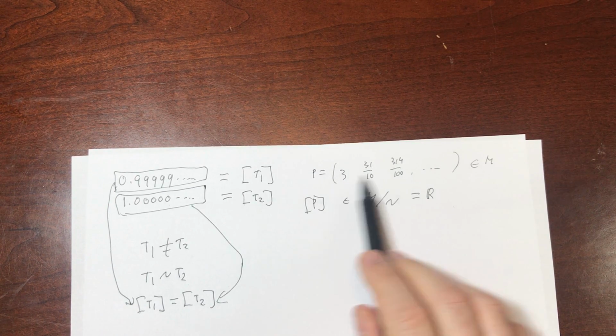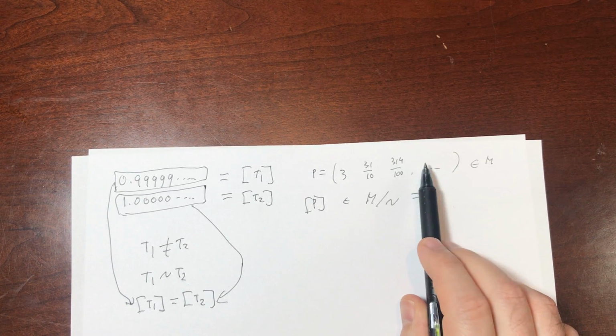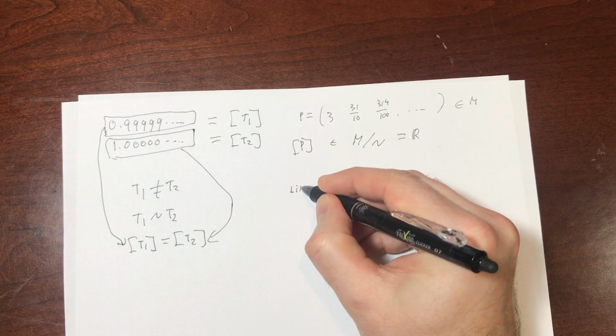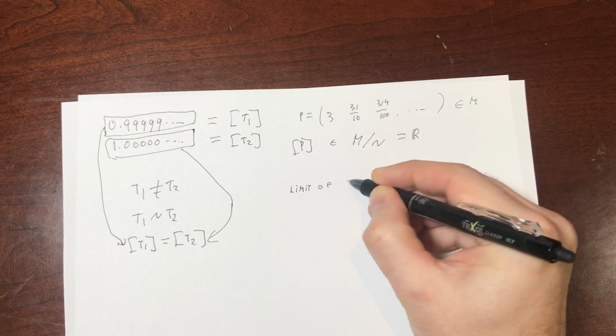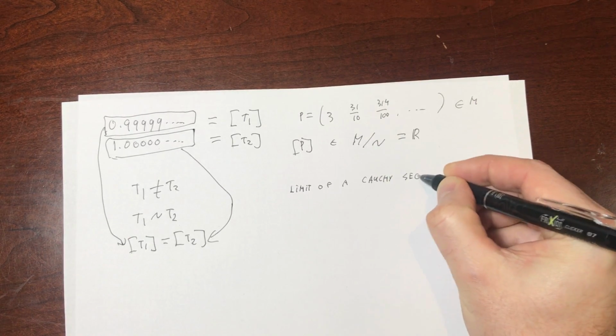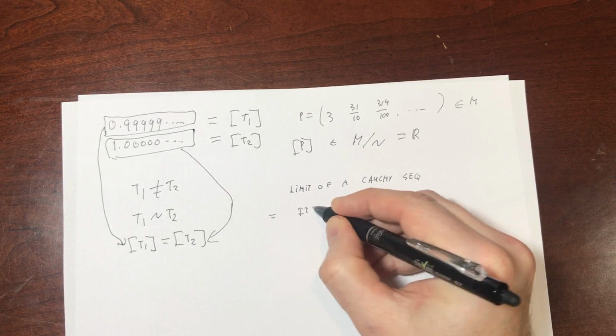And so how do I know that this sequence converges? It's really simple. Just take its equivalence class. That's the limit. So the limit of a Cauchy sequence is its equivalence class.